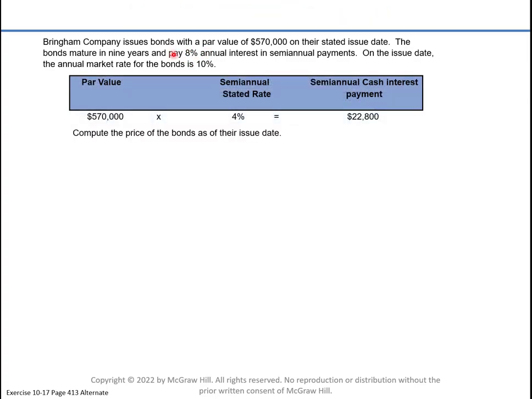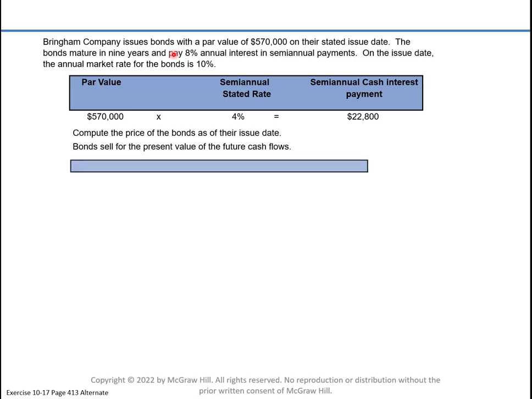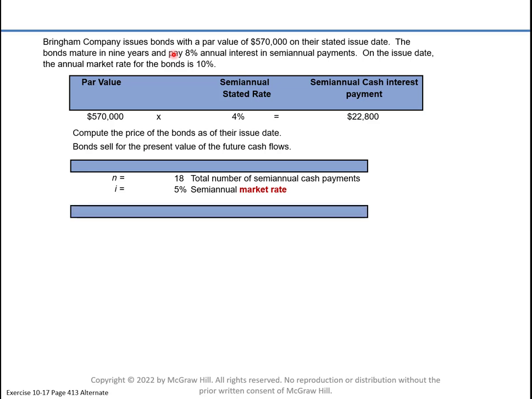Now we're going to compute the selling price of the bond. We need to use present value tables in order to determine this. We will use two different tables. One is present value of 1, which is table B1, and the other is the present value of an annuity or ordinary annuity, which is table B3.